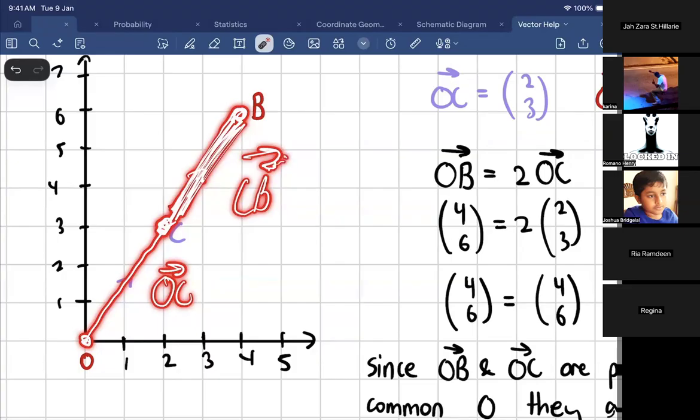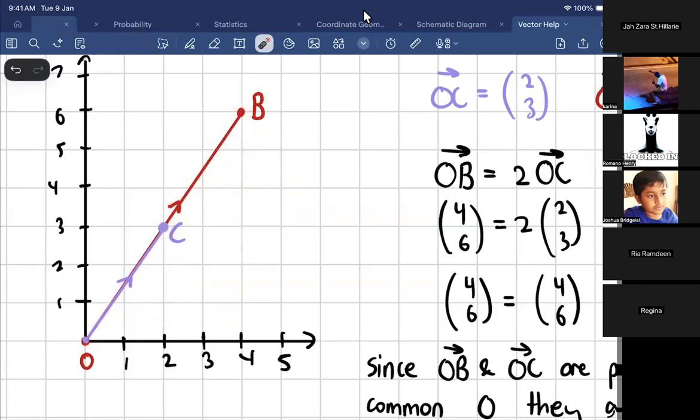Do both of them share a common point? What point do both of them share? C. Both of them share C. And as a matter of fact, if you work this out, you'll see that OC and CB is the same vector, which also means that they are parallel. Because technically, if they're the same vector, I could just say this one is equal to 1 times the other one. So there are multiple different ways you could go about showing this. But the point is, once it's a scalar multiple and they have a point in common, we smile and we're fine.